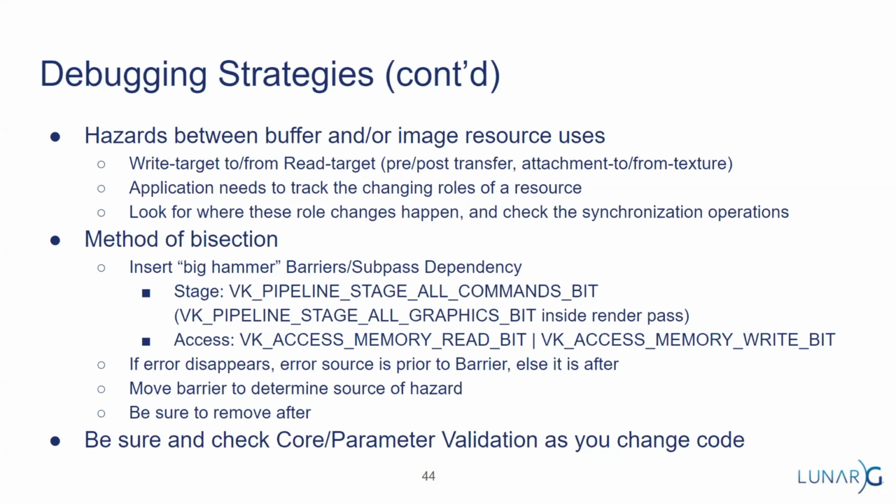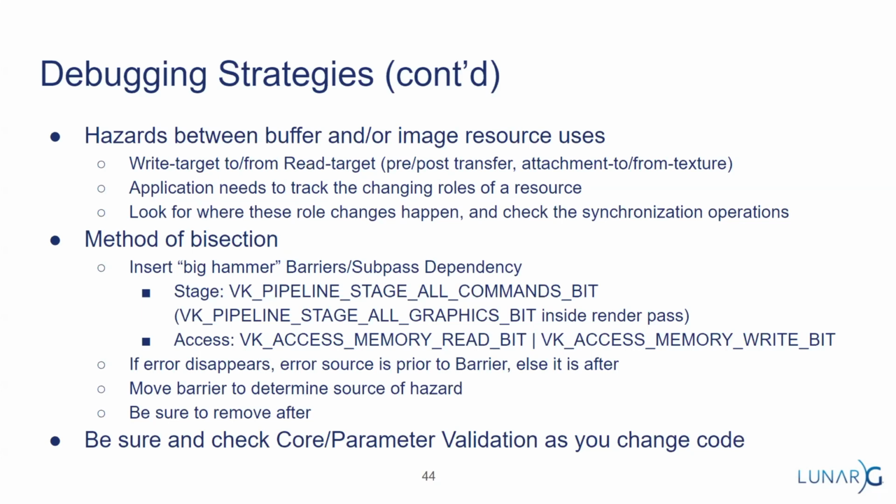And then finally, and frankly, I've used this in every form of synchronization debugging I've done, whether on CPU or GPU, is the method of bisection. You insert a big hammer barrier. You wait for all commands, all stages, all accesses. That means everything before is done before this, and nothing after happens.